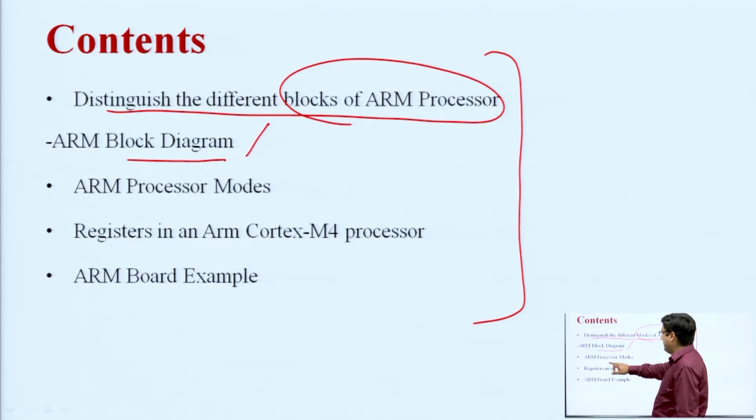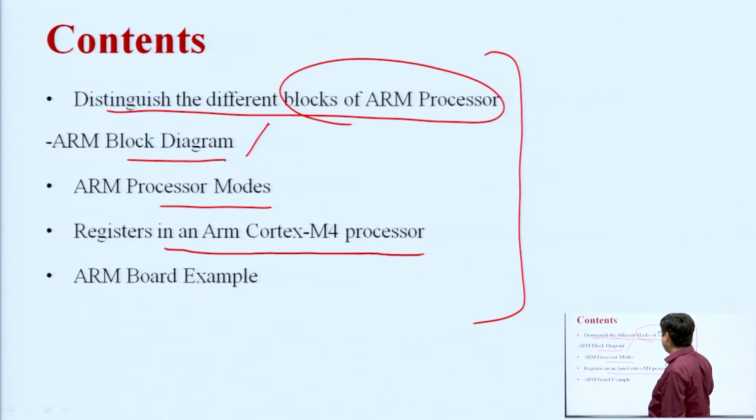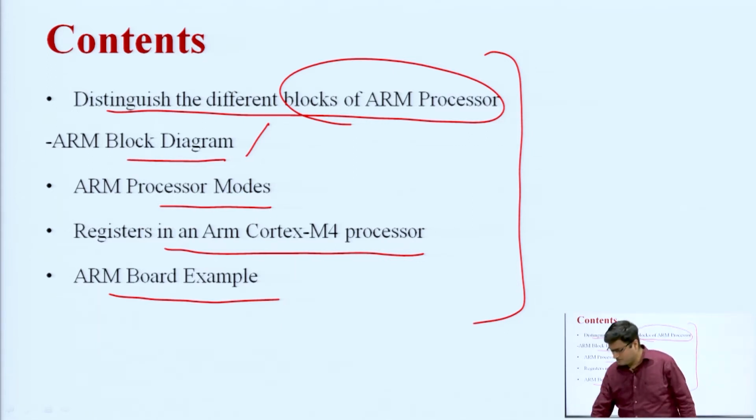After that, we will see the ARM processing modes available, and the registers in the ARM Cortex M4 processor, the various types of registers available. After that, we will take some board examples to know more about the ARM processor. These are the table of contents.